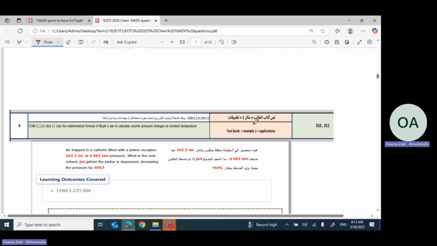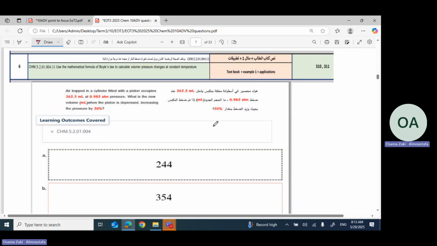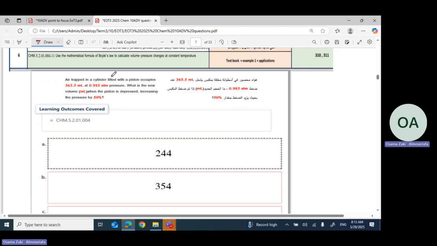Okay, so let's go. Here they said air trapped in a cylinder fitted with a piston occupies 365.5 milliliter. This is V1. Here the pressure in ATM. What was the new volume? This is V2. If the piston is depressed, increasing the pressure by 50%.